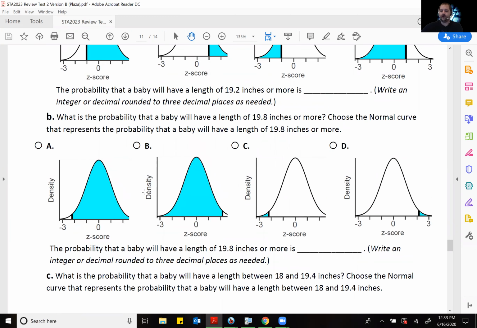We're on part B. So you said D? Yes. I like it. And again, you could take that 19.8, subtract 18.7, almost messed that up, and divide it by 0.5. And that will give you your z-score.